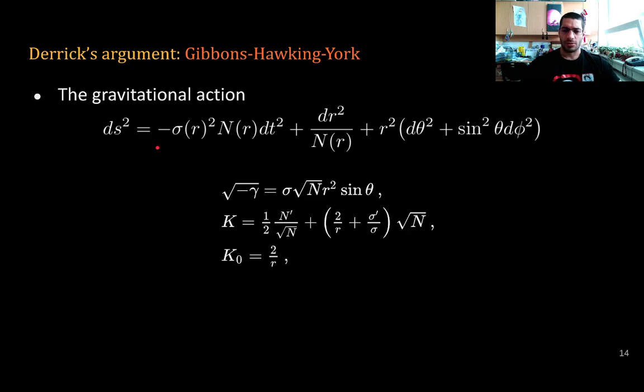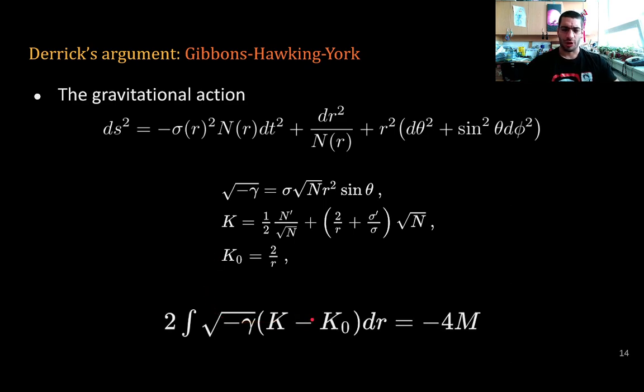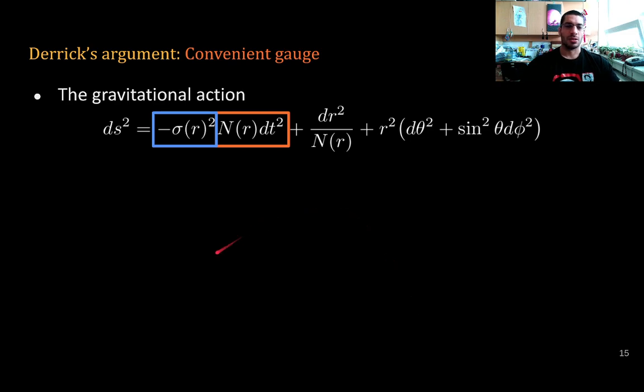With this, we are able to compute the Gibbons-Hawking-York contribution, which is not very complicated, and we are able to numerically integrate it, which gives minus 4M. And this is exactly the same as the one from the Ricci contribution. However, since these terms are highly dependent on the metric ansatz, it is possible to consider another parameterization for the metric.